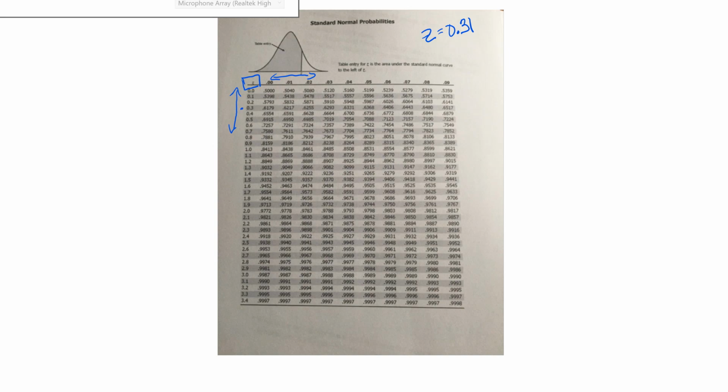Now I'm going to follow this row across until adding what's in this column to something in one of these rows right about here equals 0.31. So 0.3 plus 0.01 equals 0.31. All right, cool. Where does it fit? Right here. 0.6217. Okay. So 0.6217. That's where our z is.